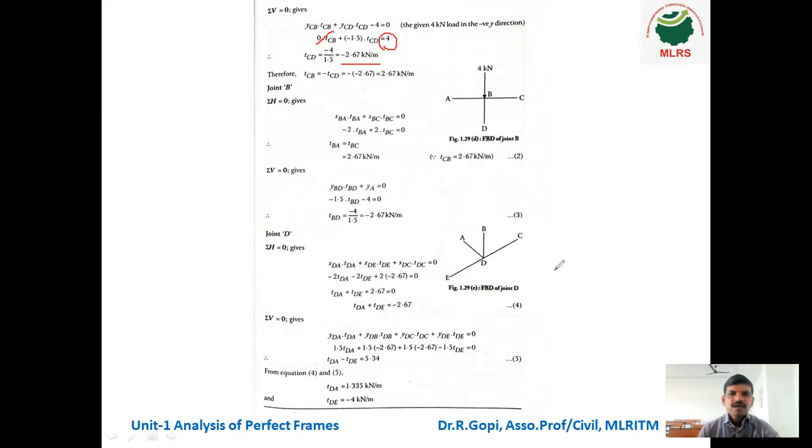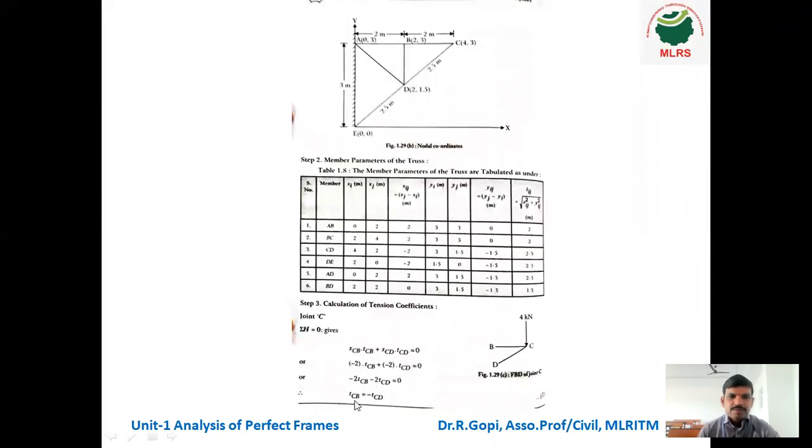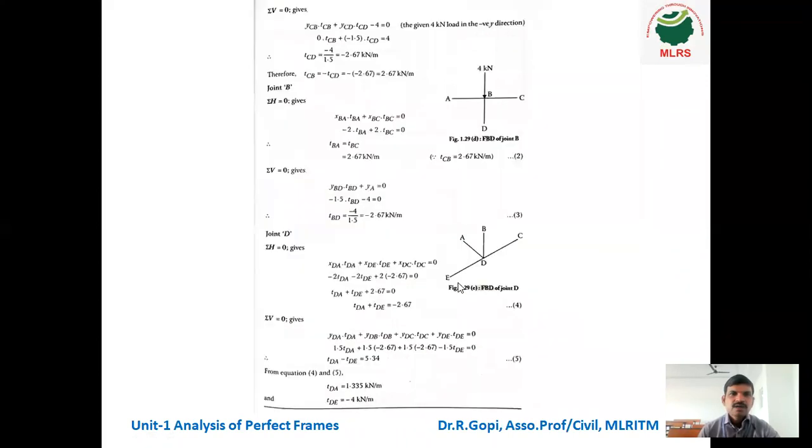So we already calculated, you can see TCB is equal to minus TCD. Therefore TCB is equal to minus TCD. So already in equation one minus is there, and in the answer one minus is there. So minus into minus plus.